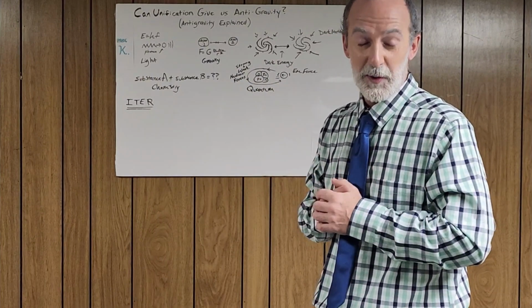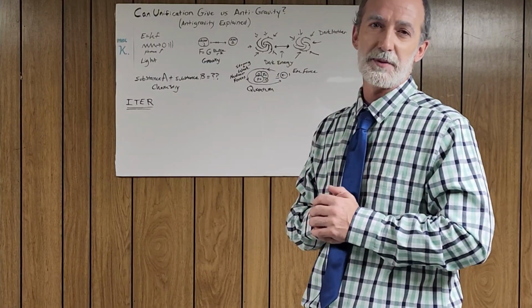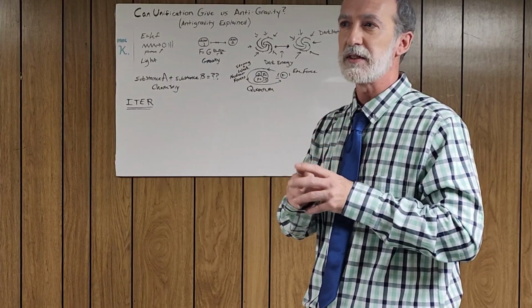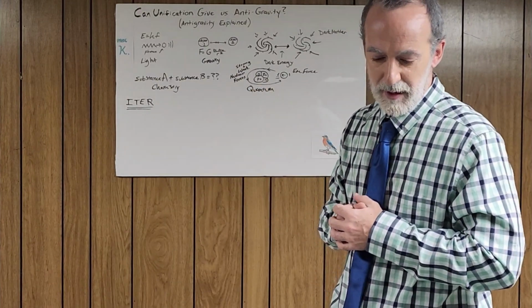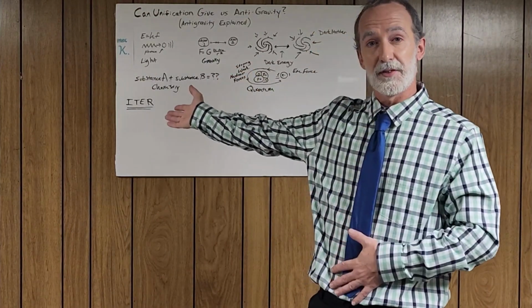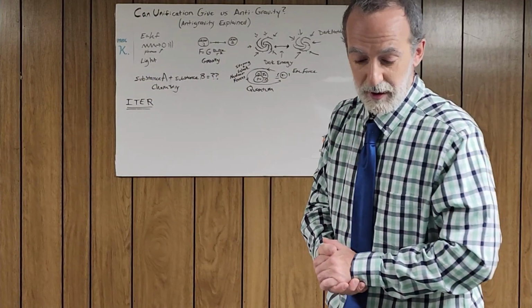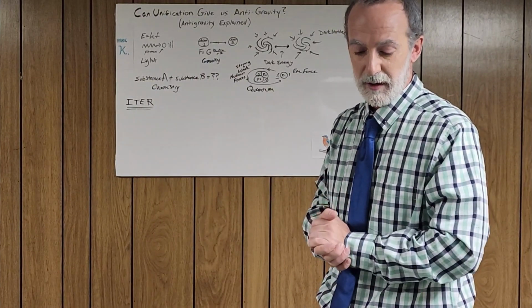And history has also shown us that with anything new, there are always hiccups. Always. There are always little things to work out, little kinks along the way. I pray that this ITER experiment works. It would just be astonishing. It would be great.